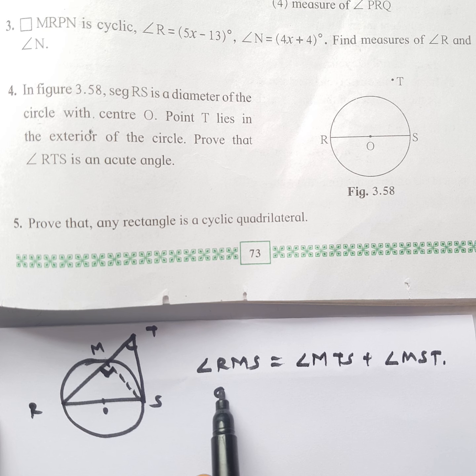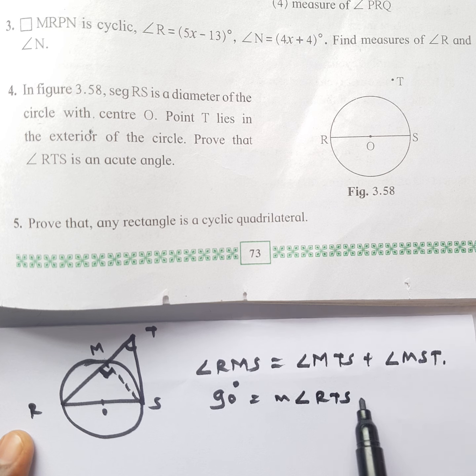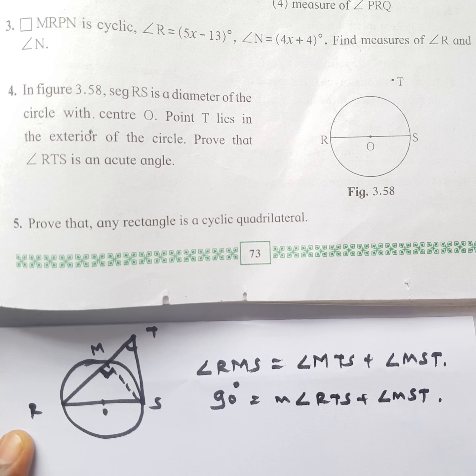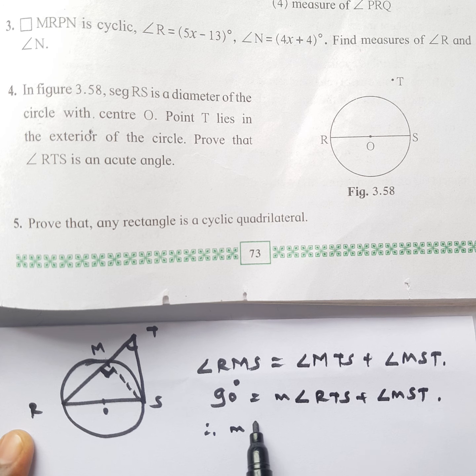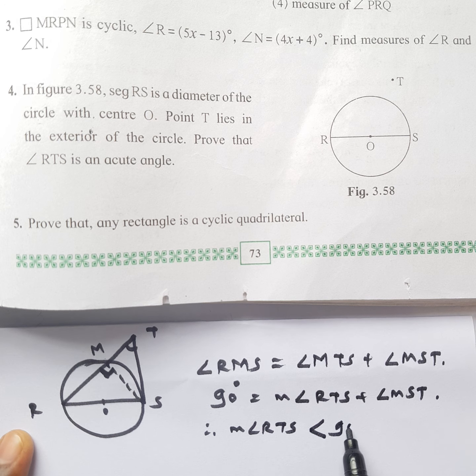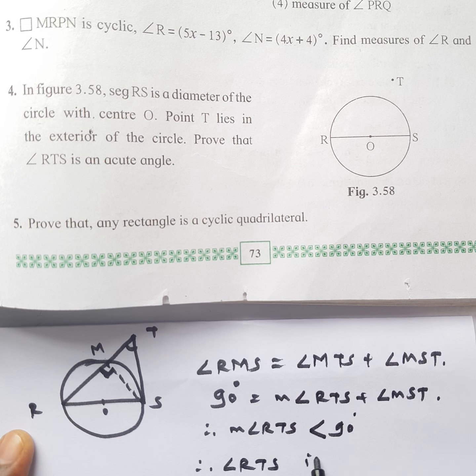If we put the value of RMS as 90 degrees, it is equal to the measure of angle MTS or angle RTS plus angle MST, means the measure of angle RTS must be less than 90 degrees, means angle RTS is an acute angle.